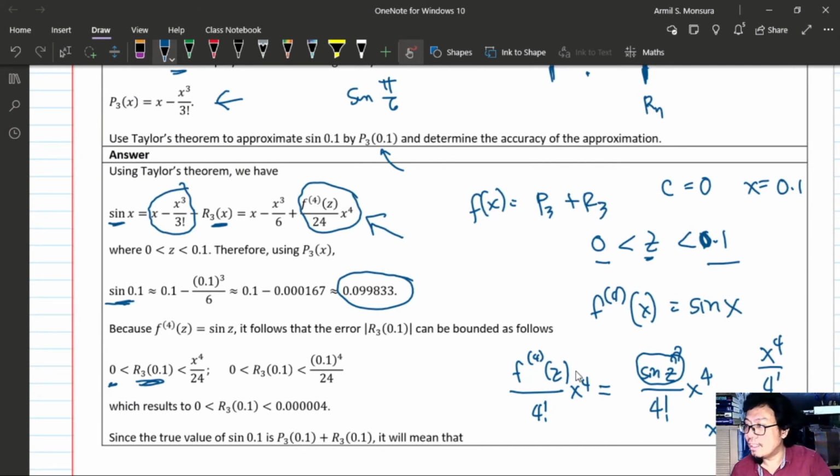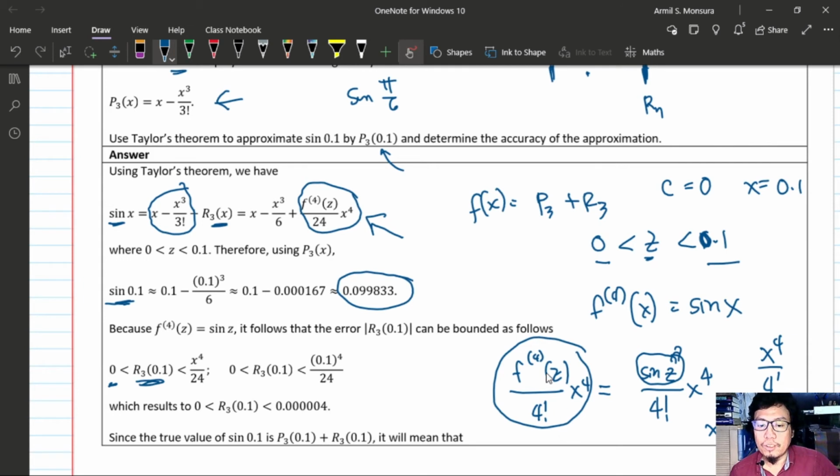Remember that this is not the exact value of the error. But since we don't know what z is, we would like to have an upper bound for that error.